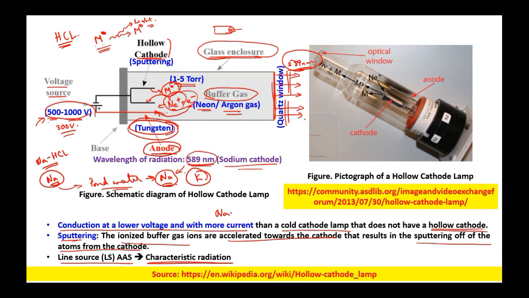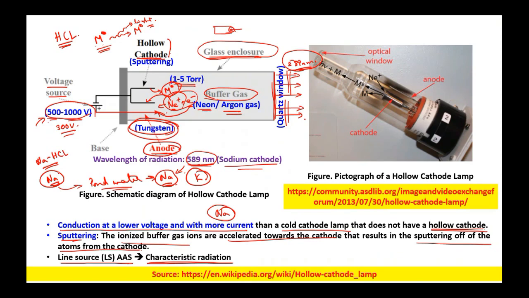Then only there will be an excitation of these metal atoms. So how will it be generated? It can only be generated if we use a line source, which is generated from the sodium cathodes.